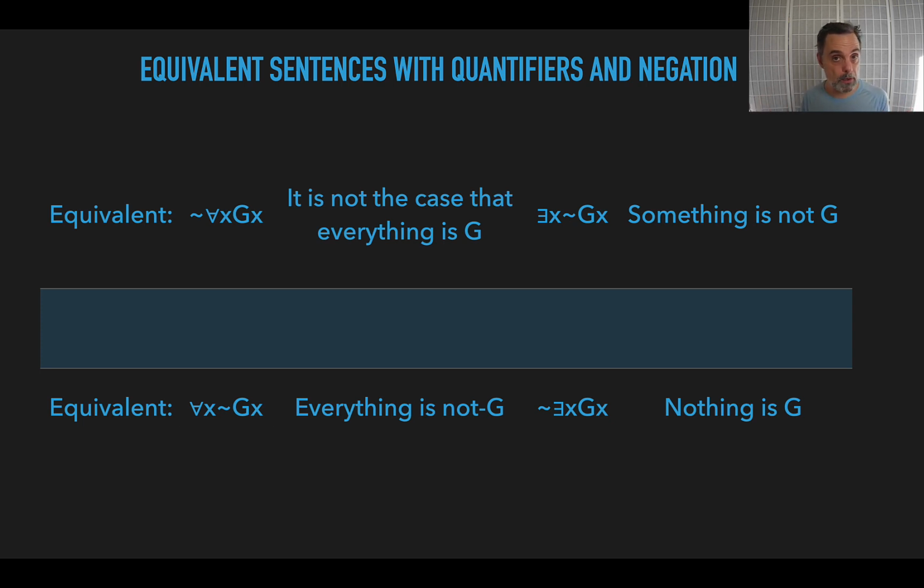If a few things are green, they're both false. But if nothing is green, that means also that everything is non-green, and they both agree. So those are both those two rows. They say the same thing. So our quantifiers and our negations can trade off, and there are different ways that we can say the same thing with a quantifier and a negation, with a different quantifier and a negation in a different place.